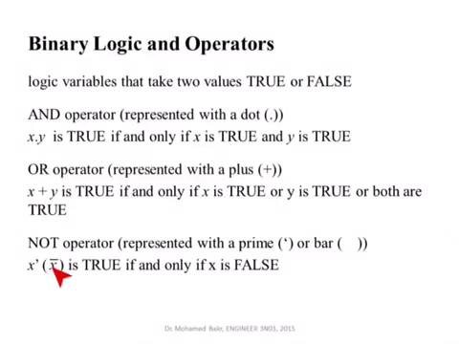And if the variable X is false, its NOT will be true. The NOT operator is usually represented by a prime or by a bar. It is true if the original variable is false, or false if the original variable is true. So these are three basic operators that we use very often in logical operations.